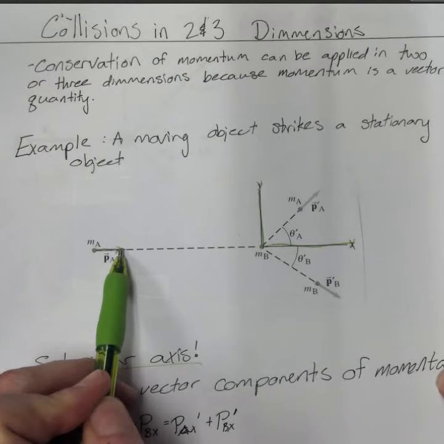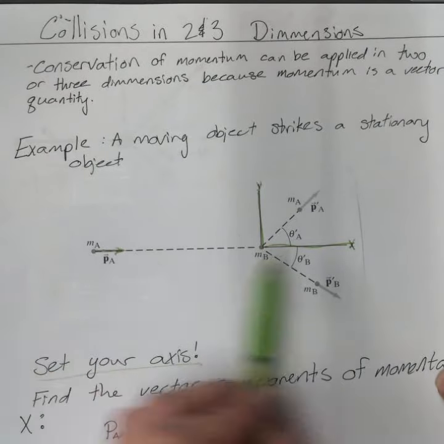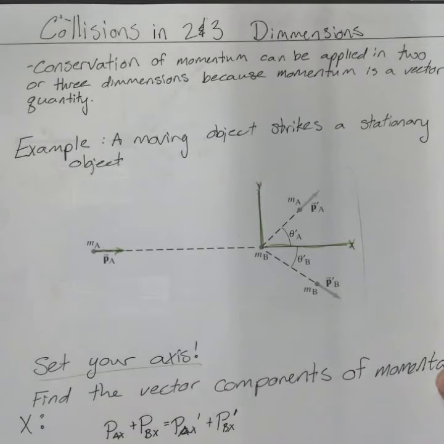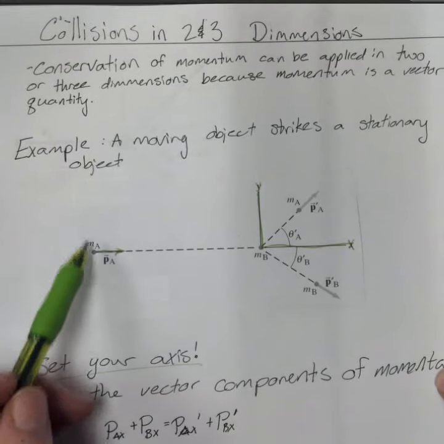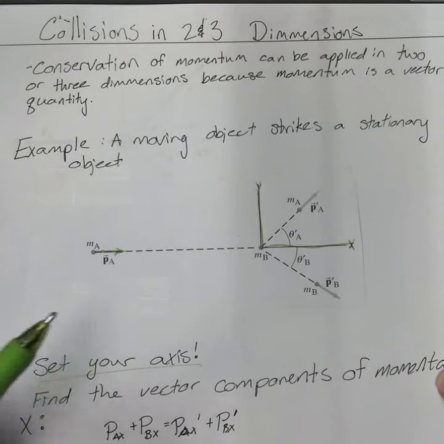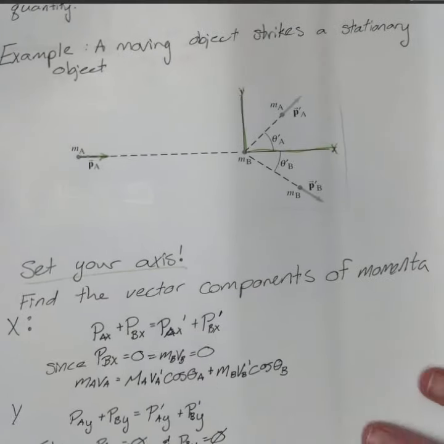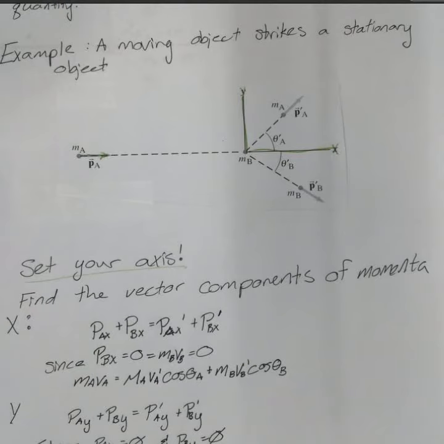So that means that we should get that exact same value conserved in the x-axis after the collision. In the y-axis initially, there's no momentum, so that means that when we're done, there should be no momentum in the y-axis direction.